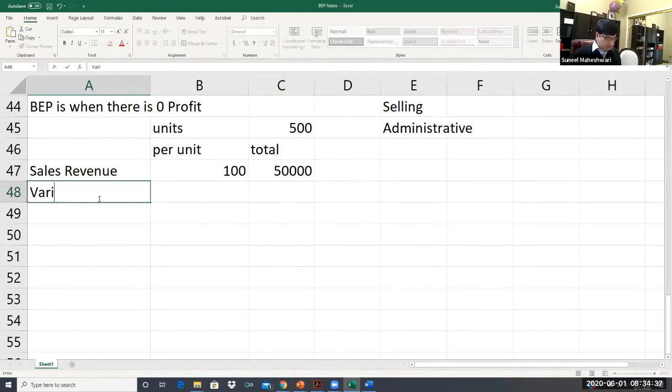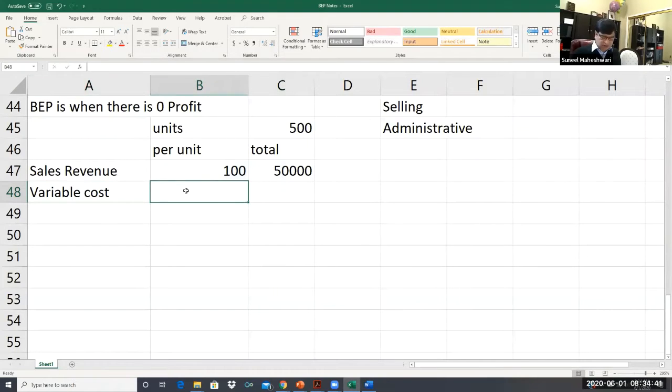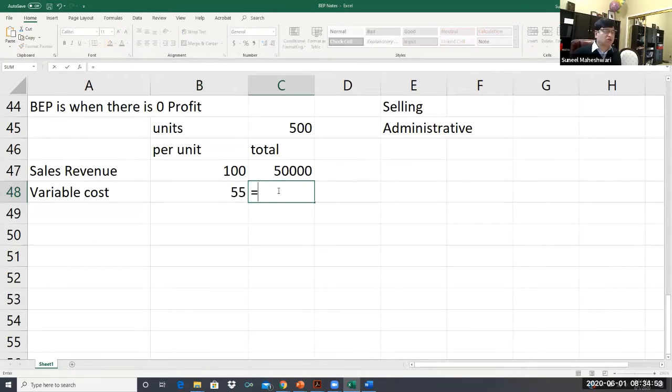Suppose your variable cost per unit is $55. Take a number, I'm just making it up at this time. So that means your total variable cost will be 55 times 500, right?